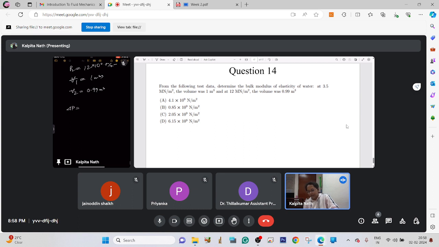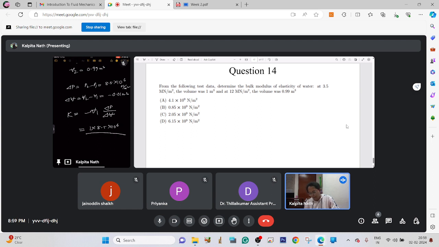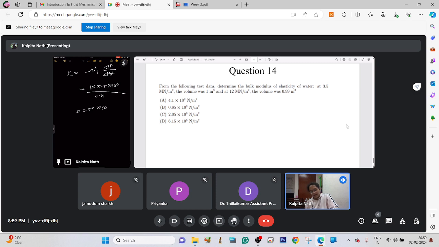So delta P is equal to P2 minus P1, which is 8.5 into 10 to the power 6 Newton per meter square, and delta V is equal to V2 minus V1, which is minus 0.01 meter cube. The bulk modulus of elasticity is minus V1 delta P upon delta V. So this is equal to 1 into 8.5 into 10 to the power 6 upon 0.01. That will come out to be 0.85 into 10 to the power 9 Newton per meter square. So that is option D.